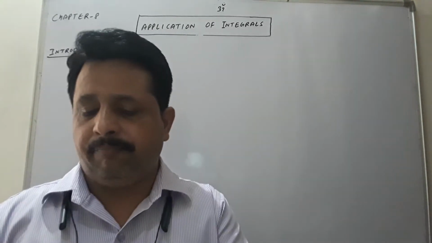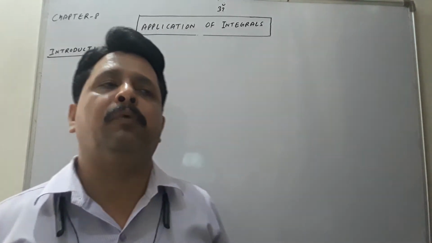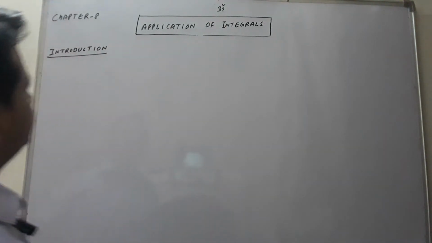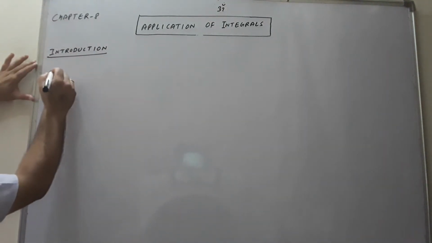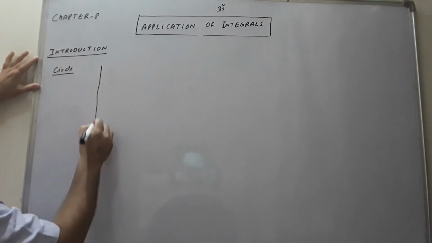Before starting the exercise questions, I want to tell you some basic points that we are going to discuss in this chapter. So students, first of all let us come to the circle.